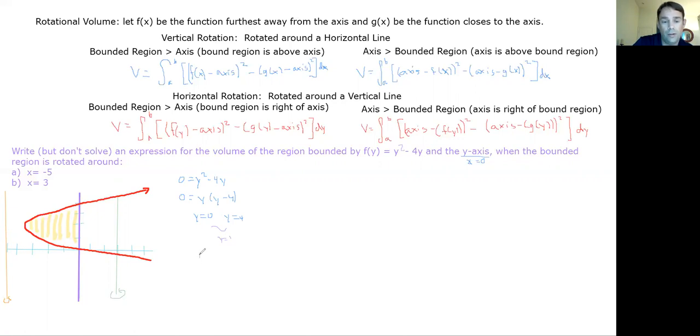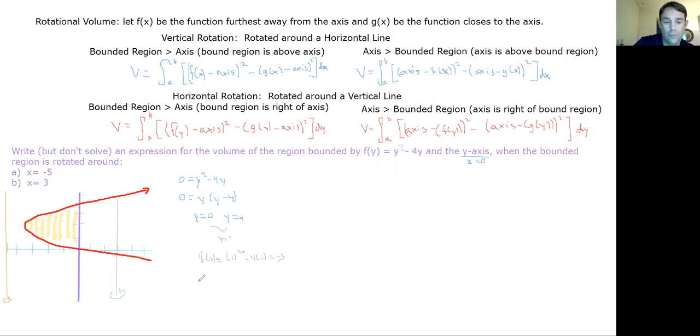So if I plug 1 in for my first function, y squared minus 4y, I end up with -3.